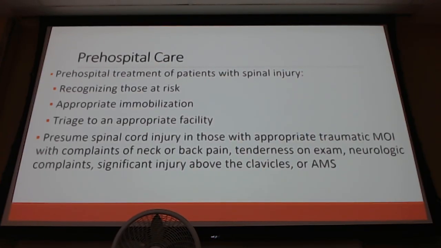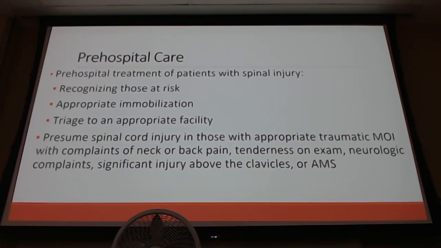And then our pre-hospital treatment. It's important that we recognize who's at highest risk for this. On the scene or pre-hospital, they'll provide appropriate immobilization, which is usually a C-collar and the spine board, still most commonly used. There's questionable data on whether spine boards actually help.